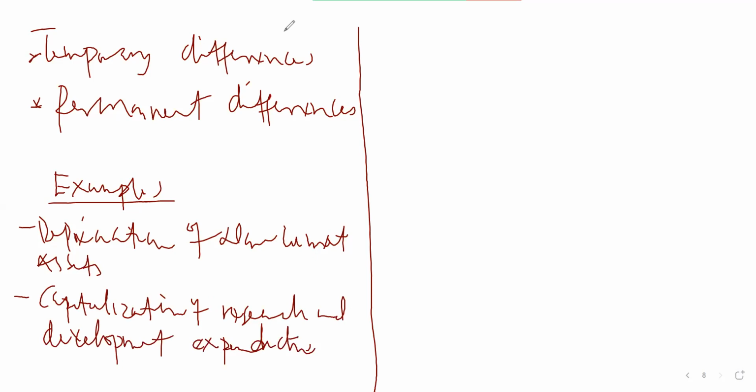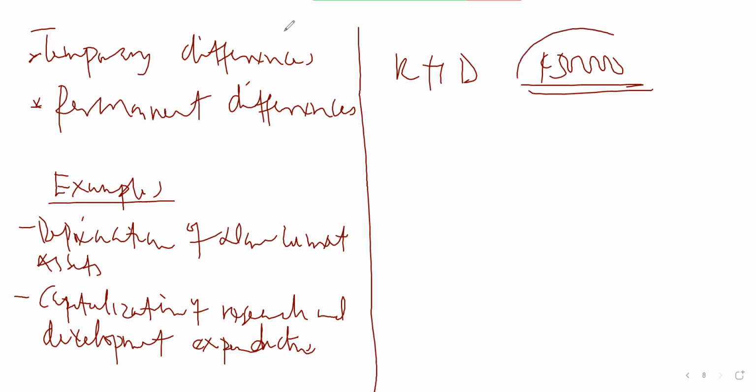You see, for the tax, what the tax law says is that if a corporate body like companies incur research and development expenditure, it should be written off against profit in the year that it has been incurred. So if the company incurs research and development expenditure of 50,000, the tax authority will give this one as an allowance for the year in which it has been incurred. So they are going to allow all of this for tax purposes.